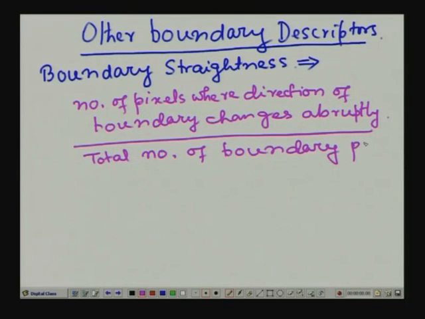So, you find that in our case, we are not going for exact measurement or exact calculation of the curvature at a particular point on the boundary. But what we are doing is, we are trying to identify those points on the boundary where the direction of the boundary changes abruptly, because those are the points where the curvature is likely to be quite high.